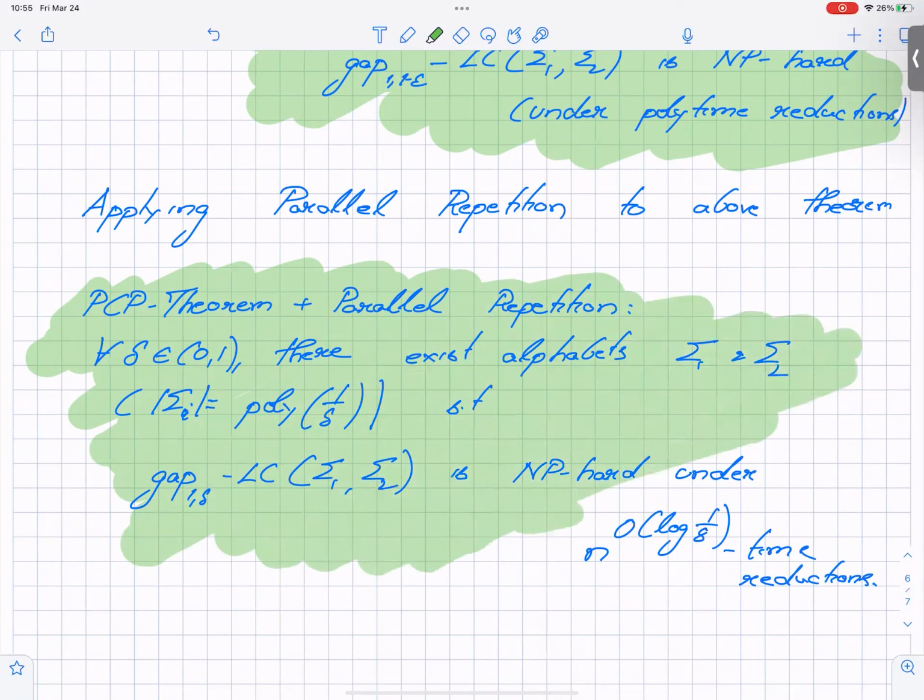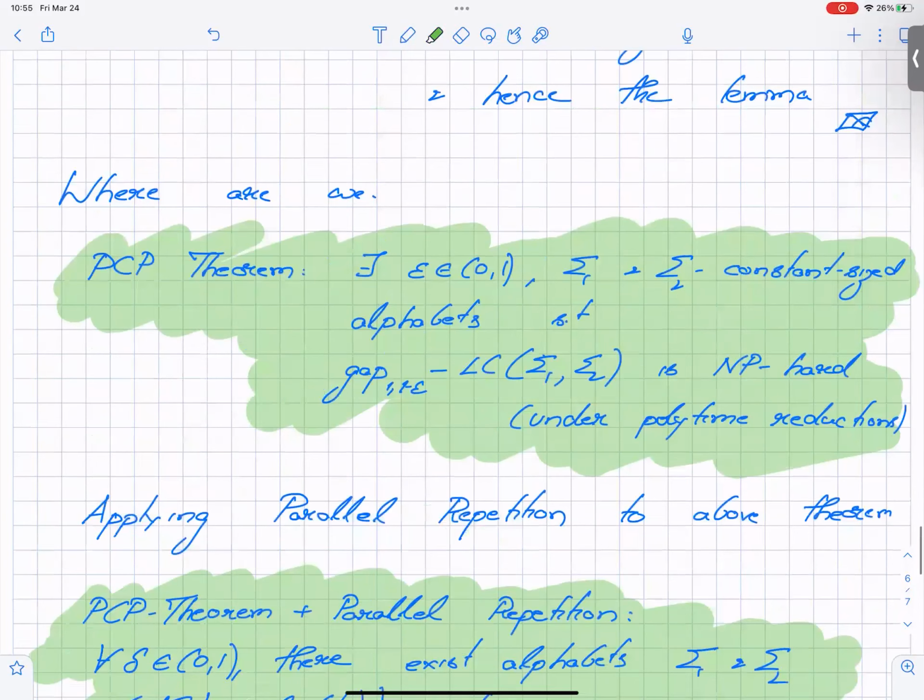And furthermore, actually this label cover was a projective label cover. And parallel repetition will maintain projectivity.